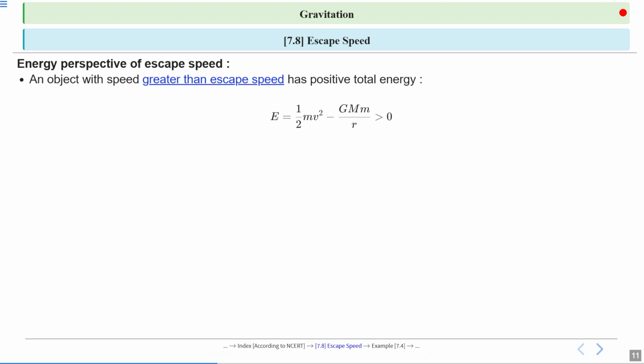So the total energy E = 1/2 mv² - GMm/r is greater than 0.